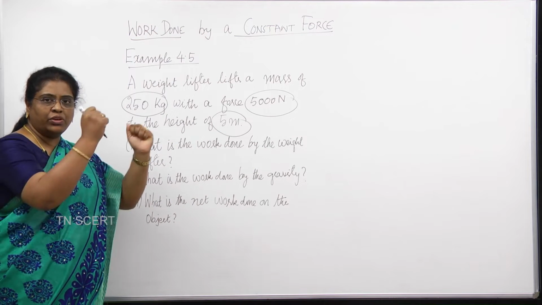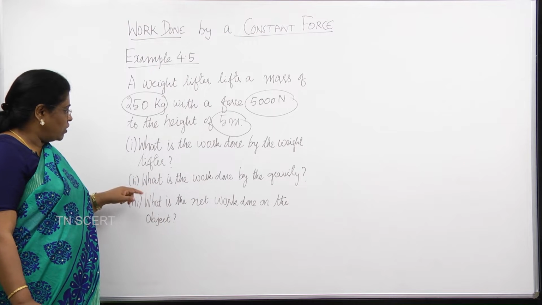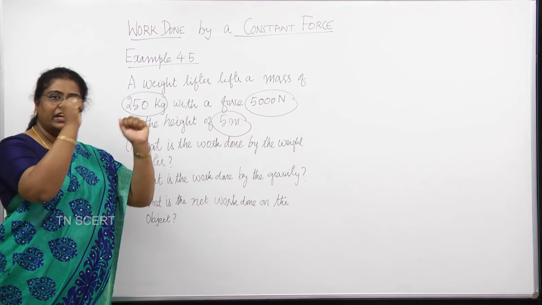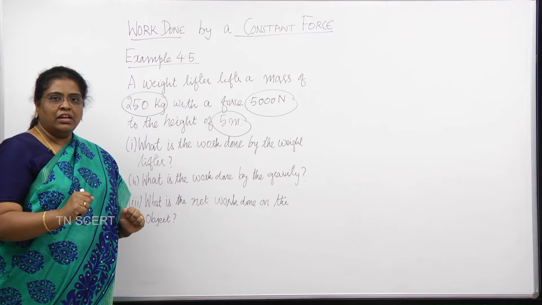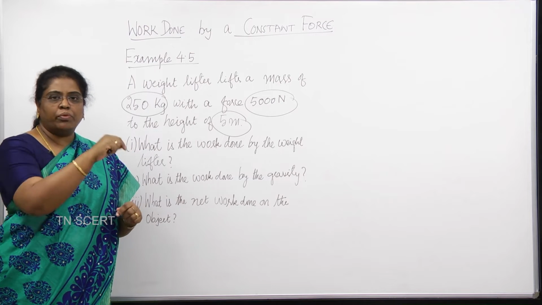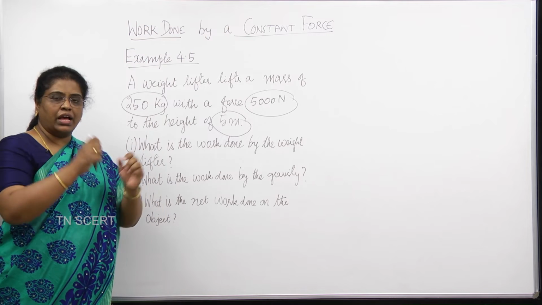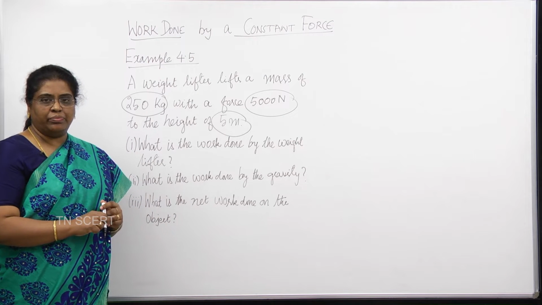In lifting the weight, he is doing work, so how much work is he doing? Second, what is the work done by gravity? As he lifts, he is giving a force, and gravity will also be acting on the 250 kg mass because it is going up; the force of gravity will be there.